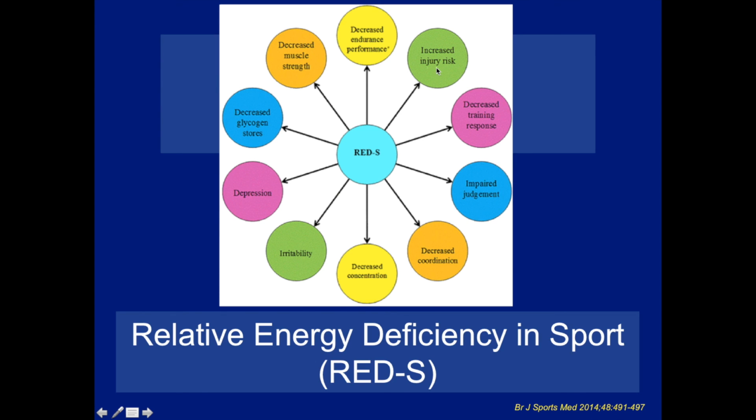Again, there's increased injury risk, their performance will decrease, they have muscle strength abnormalities, they don't have enough energy to support their needs, and it can have behavioral health issues that go along with it. I bring this up just so you're aware of this change in the nomenclature of REDs.